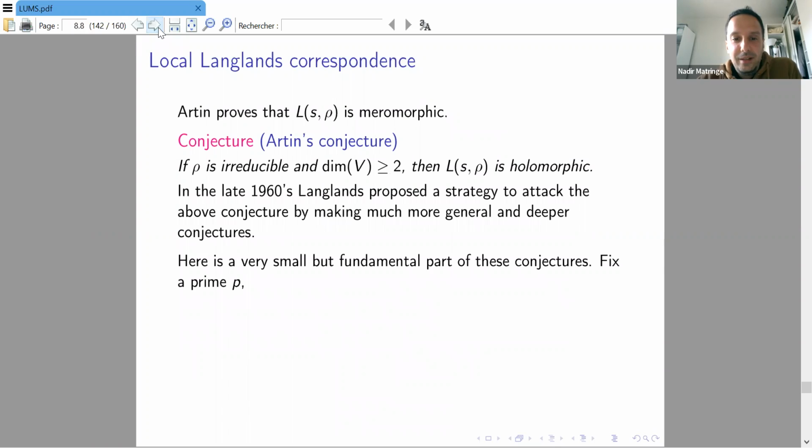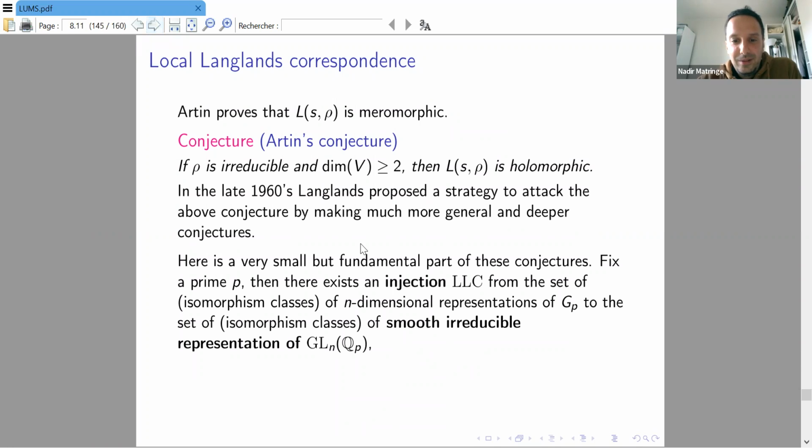And on the other hand, the mathematicians Godement and Jacquet define, attached to any smooth irreducible representation of a GLN of QP, another type of L function called the standard L function. And so one of the properties that you expect from this correspondence LLC is that it preserves L functions on both sides of the correspondence.